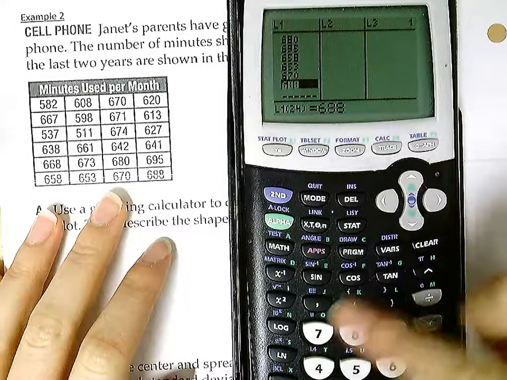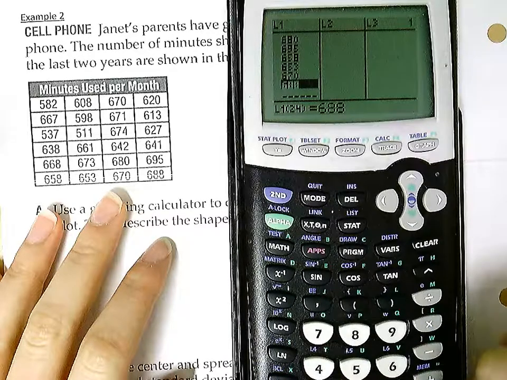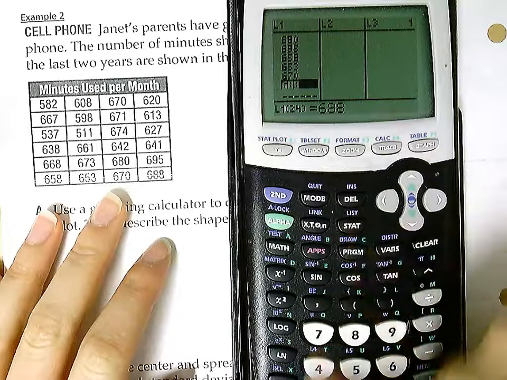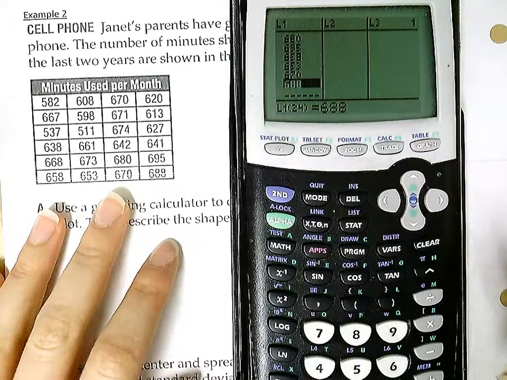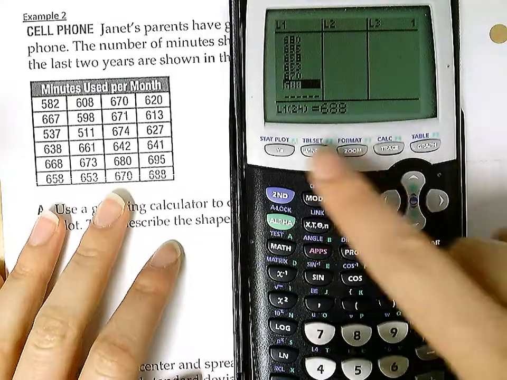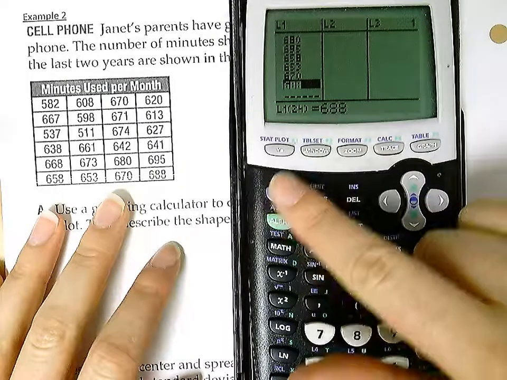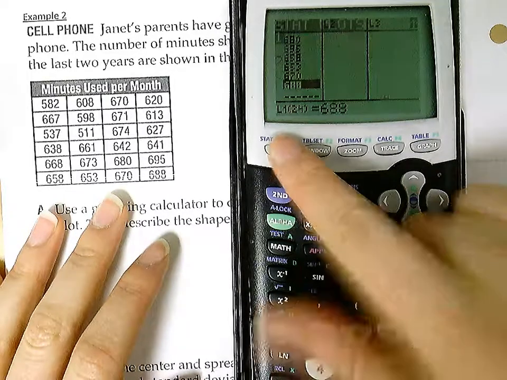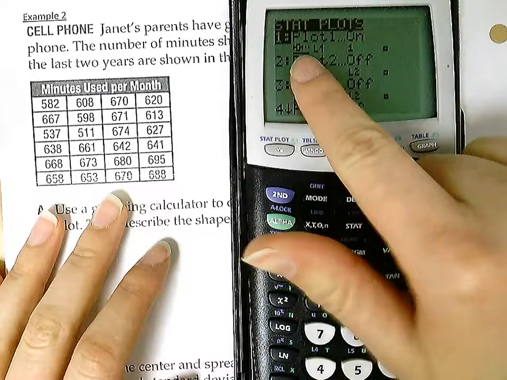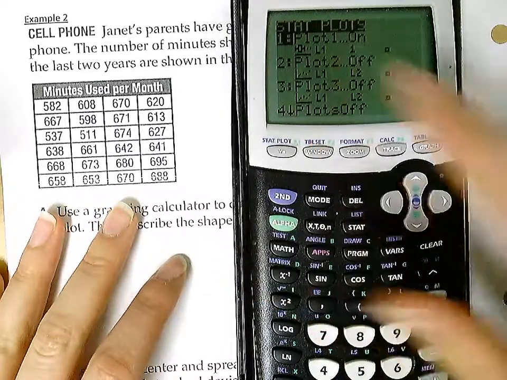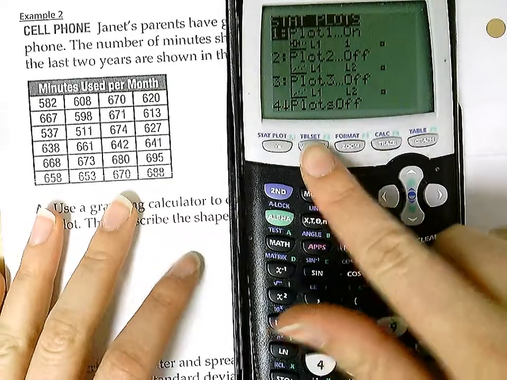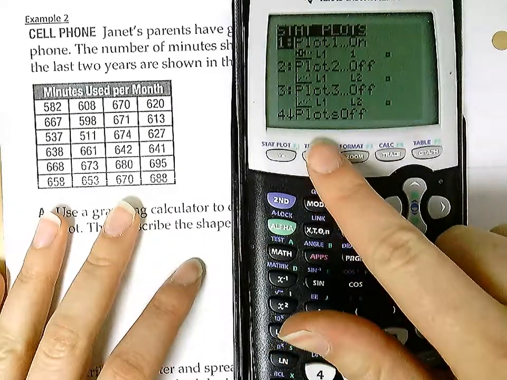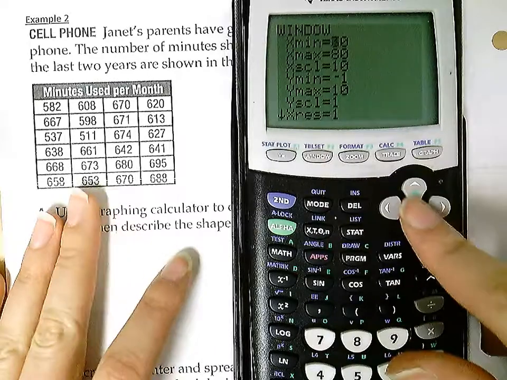All right, so did we all enter the data right? All right, what should I do next? Window. Go into my window. Since we already did one problem, your stat plot should be on and it should be under the box and whisker, right? So then I'm going to change my window.